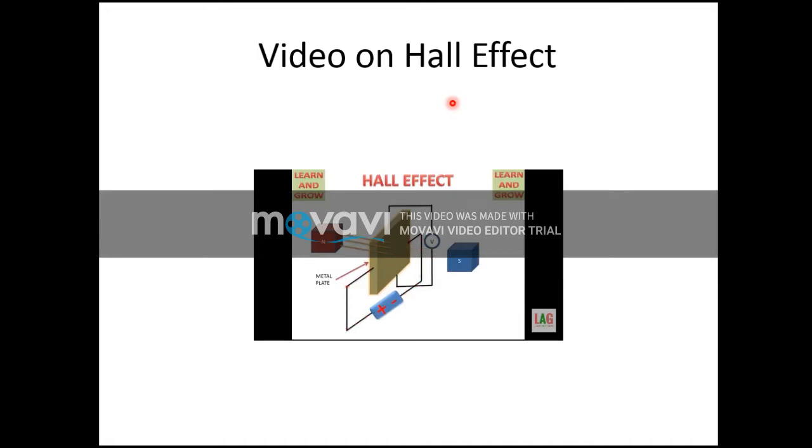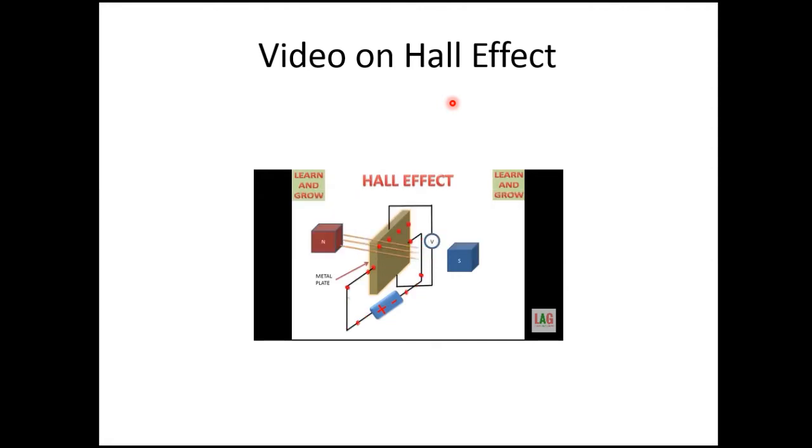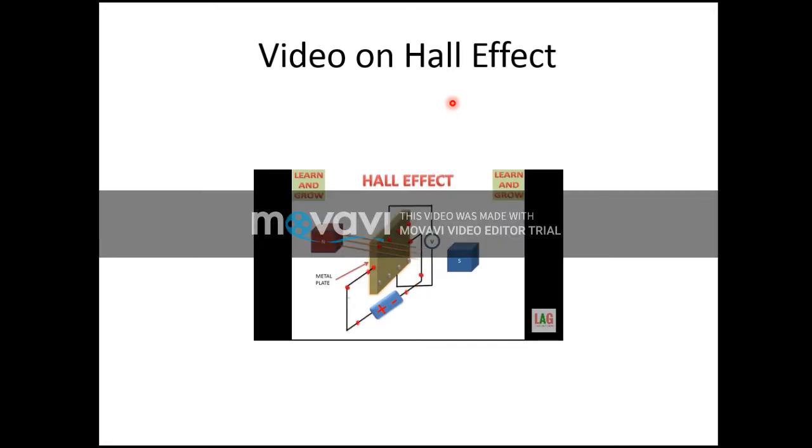When the charged particle is moving in the presence of a magnetic field, there will be a magnetic force as per the right hand rule, and these charges will be deflected to the sides.